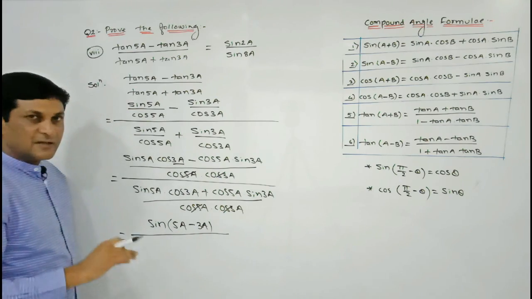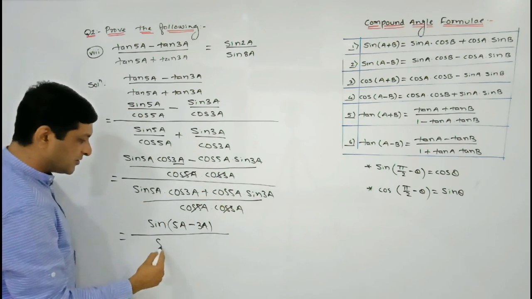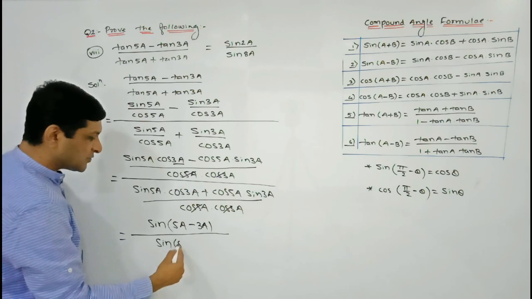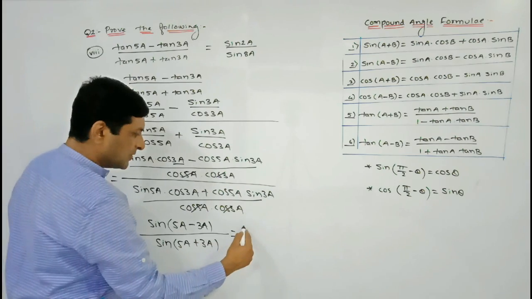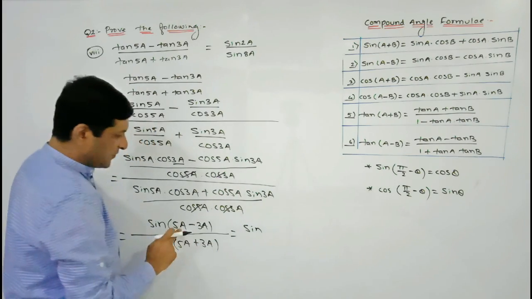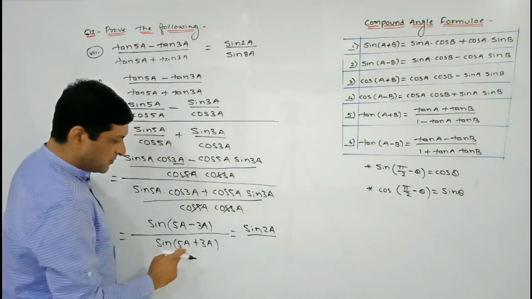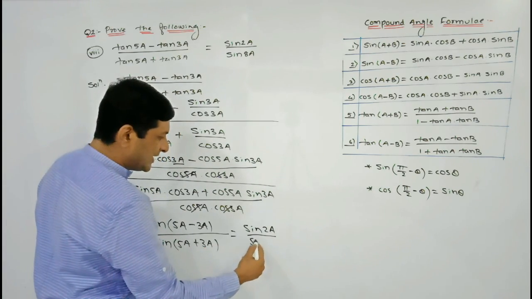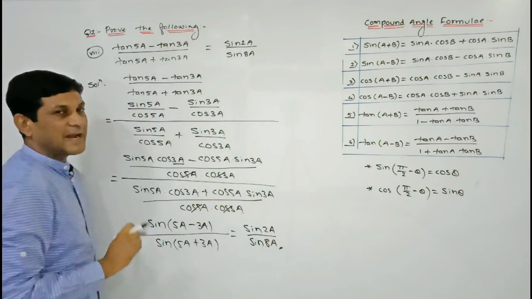And in the denominator, sin a into cos b plus cos a into sin b will be equal to sin a plus b, means 5a plus 3a. So which is equal to sin, keep it as it is, 5a minus 3a will be equal to 2a, and in the denominator 5a plus 3a will be equal to 8a, means sin 8a. In this way we have got our required right hand side.